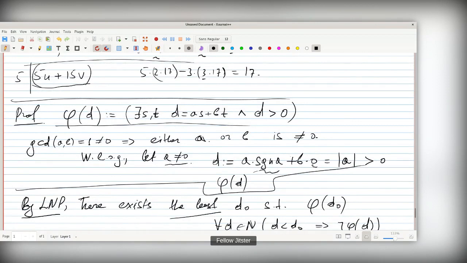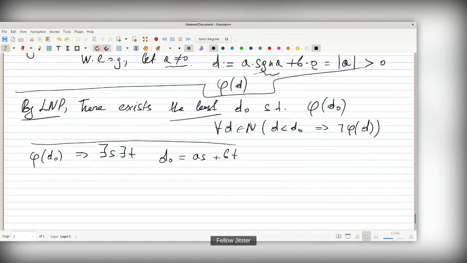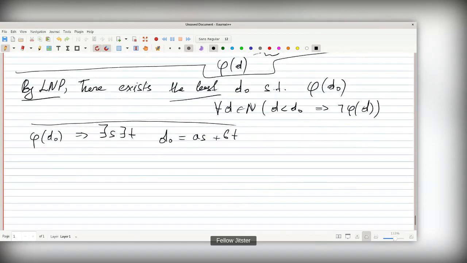What should I do next? I will divide a and b by this d0. Let's divide a by d0.